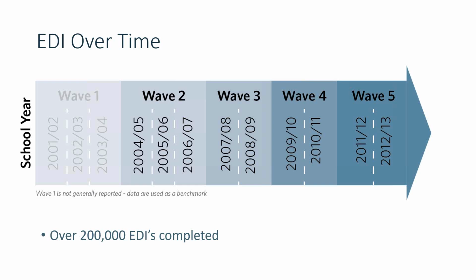For example, for the Wave 4 results, we take the results from 2009-10 and 2010-11, and we put all of those kids together and roll them up into the result for that wave. Particularly in areas where there are some small communities like yours, this is a really good way to have a large enough population so that the data has more stability and more meaning for us.